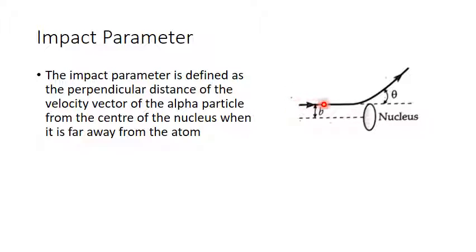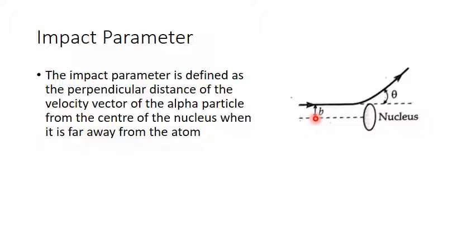So here, let us consider the direction in which it is moving. This is the velocity vector of the alpha particle. Now, draw a perpendicular line to the velocity vector.